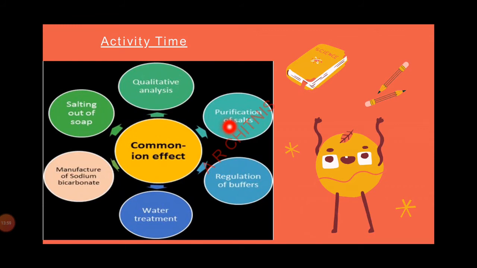When we take a brine solution in the impure form and bubble HCl gas to that solution, the HCl and NaCl have common ions, the Cl minus ions.